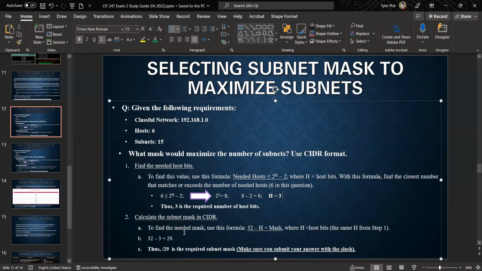Once you find this exponent, you just subtract it from 32, and you get 29. Therefore, in this case, slash 29 is the mask we need for this subnet to maximize the number of subnets but meet the required hosts.